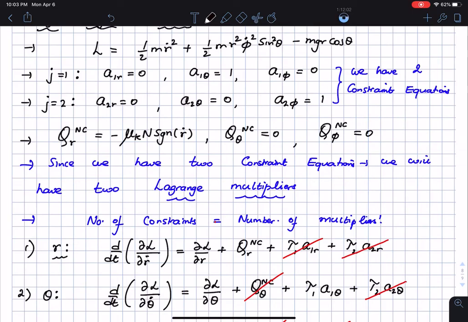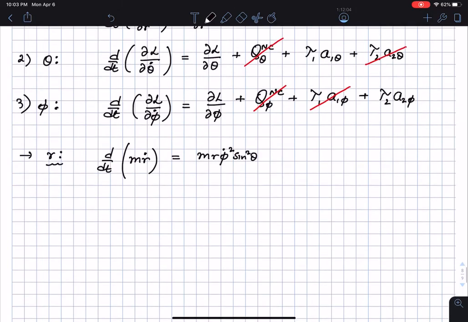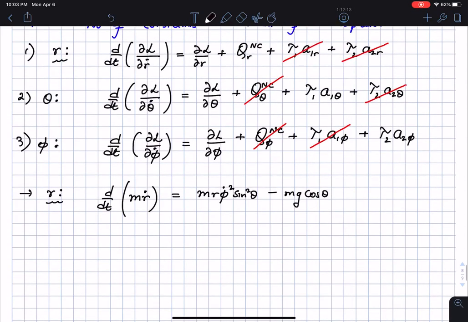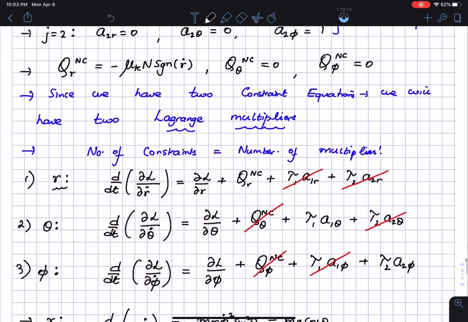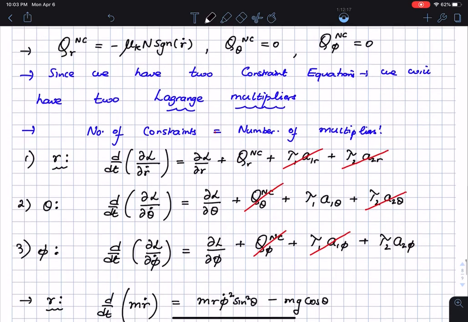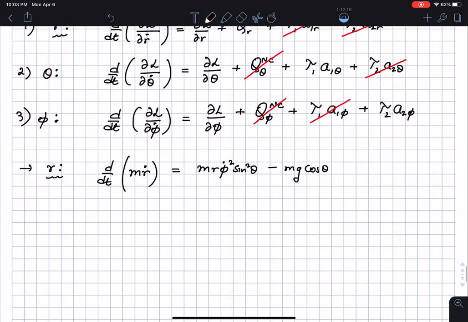Instead of the r, it is just going to be m g cos theta, so that's going to be minus m g cos theta. And I'm going to have Q r nc. Q r nc we found out was minus mu k sine r dot times the normal force, so that's going to be minus mu k times the normal force times sine of r dot.